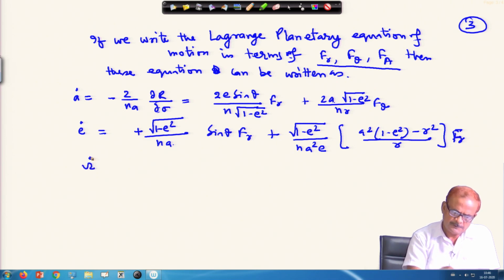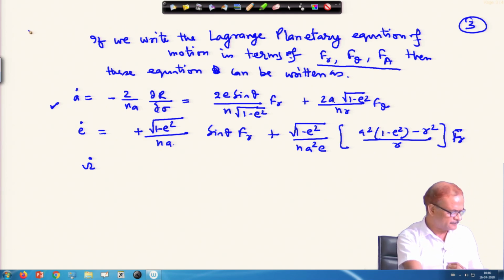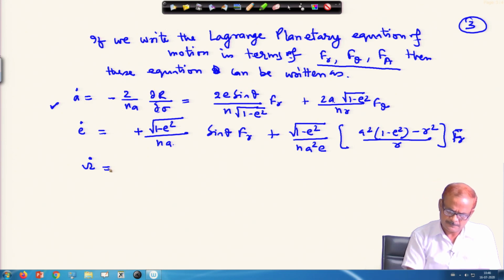Then a dot we have already worked out for the dou R by dou sigma. Actually, what we did last time was work out the equation for the f r. I will do it again.